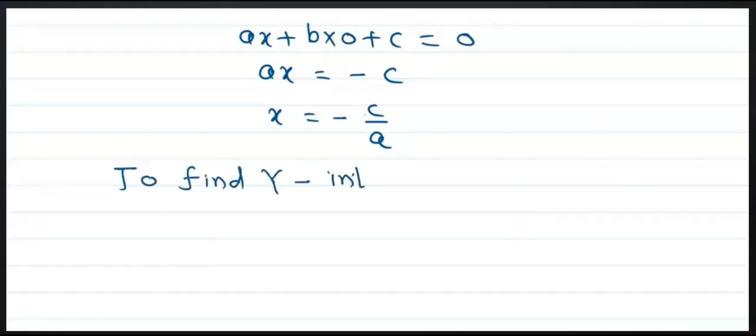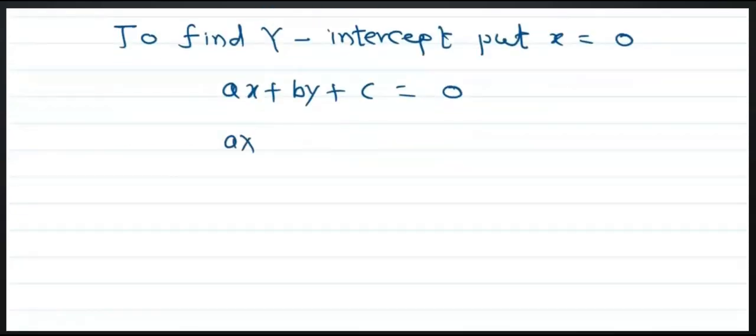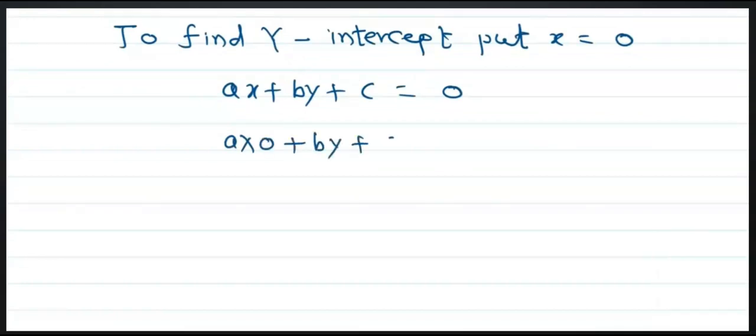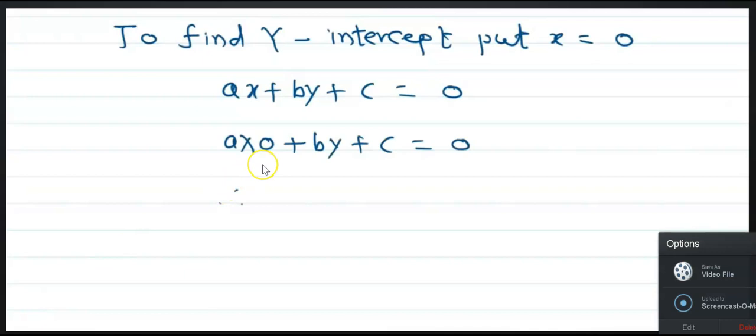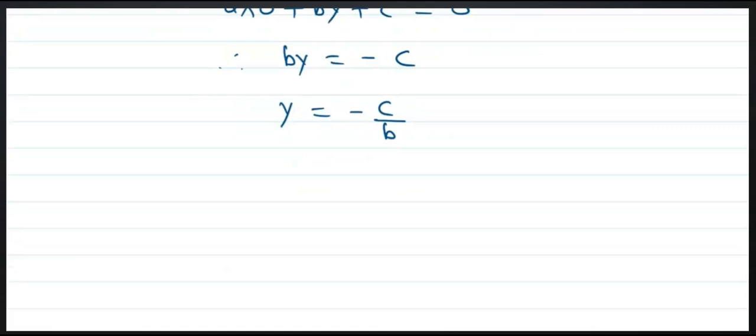Next, to find the y-intercept, put x is equal to 0 in ax plus by plus c is equal to 0. Therefore, by plus c is equal to 0, and that's why y is equal to minus c upon b. This is the y-intercept.